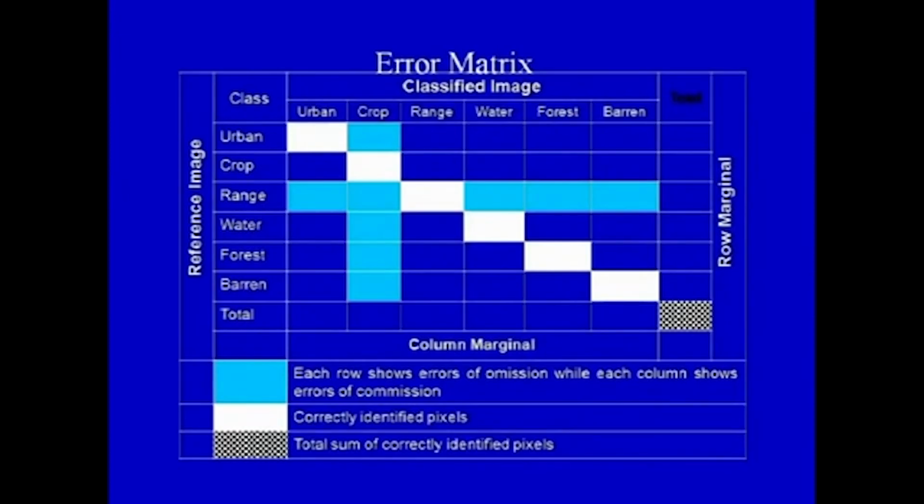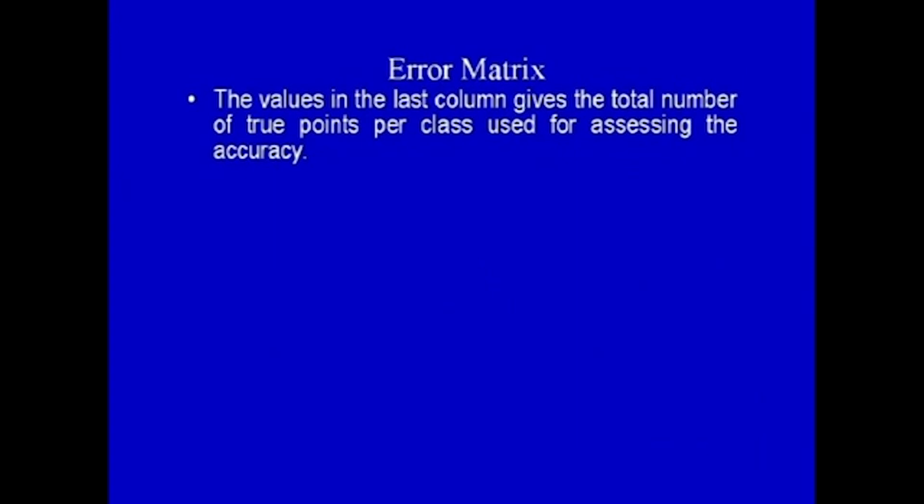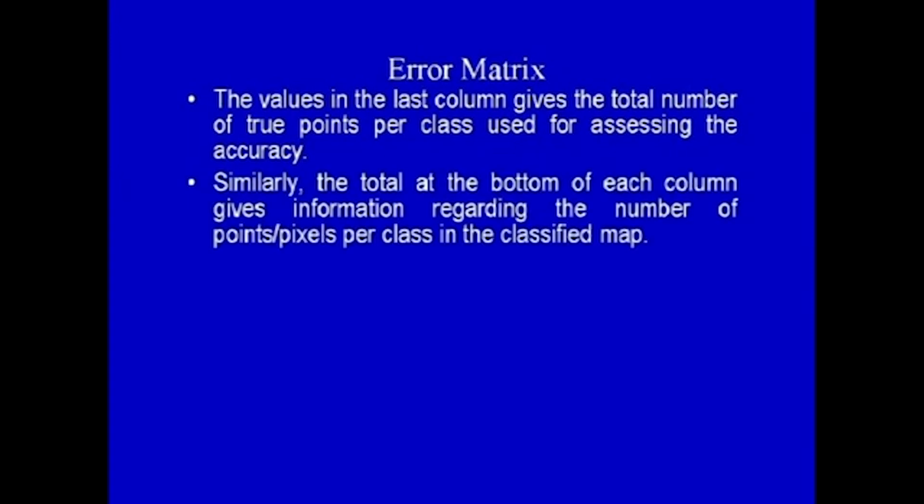This slide, as a matter of fact, shows the typical representation of an error matrix. The values in the last column give the total number of true points per class used for assessing the accuracy. Similarly, the total at the bottom of each column gives the information regarding the number of points or pixels per class in the classified map.